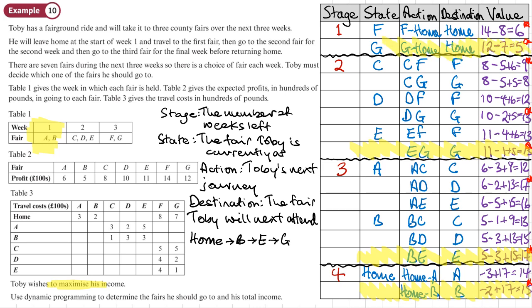So we'll just put here, he goes home, and his total income is going to be this value here. Now remember, this is in hundreds of pounds, so it's going to be £1,500.